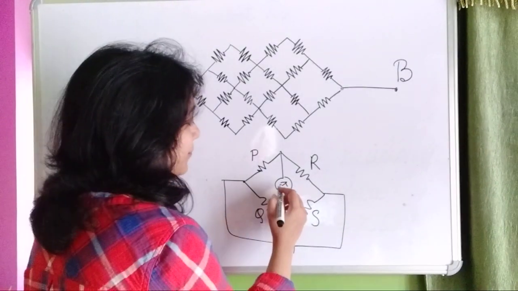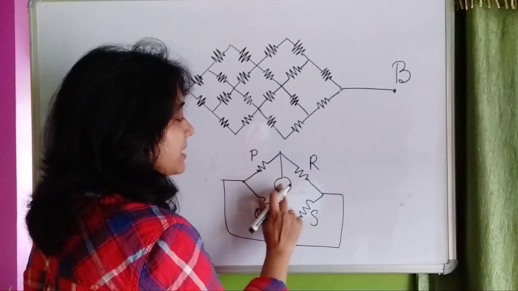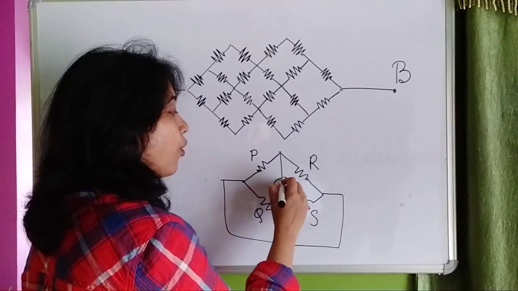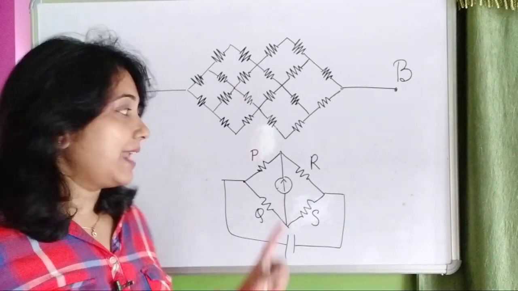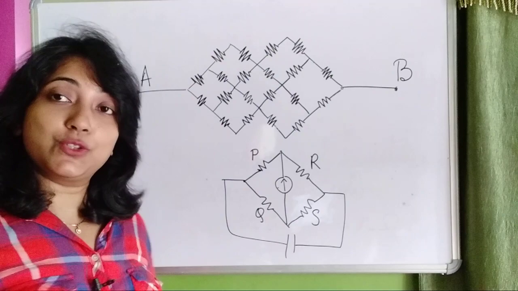However, if this galvanometer shows us null deflection, which means it is not showing us any deflection, the meaning is that no current is flowing between these 2 points.